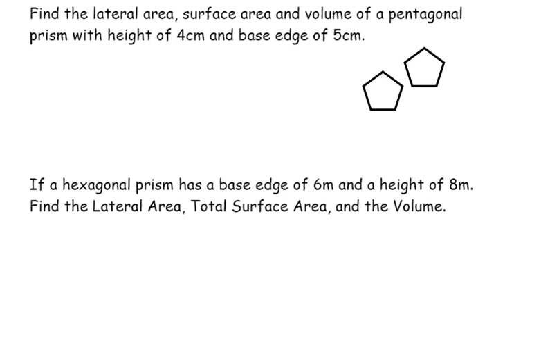So that one goes to that one, and that one goes to that one, and so on and so forth. Don't you wish you had a drawing tool like I do? It'd be so cool. All right, so there's my pentagonal prism. And it's got a height of 4 centimeters and a base edge of 5 centimeters.